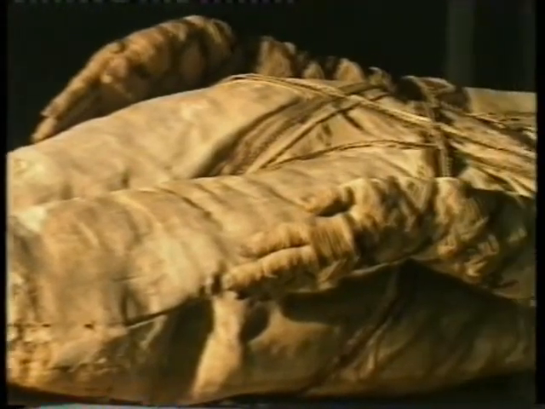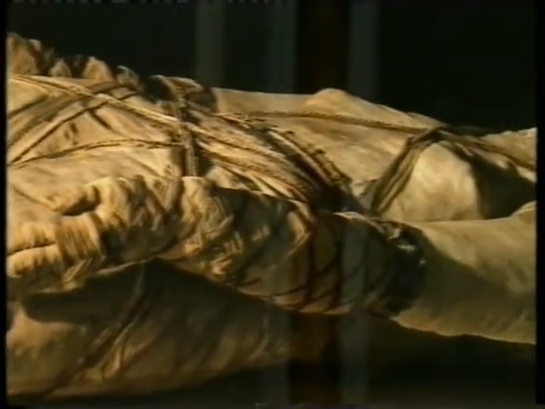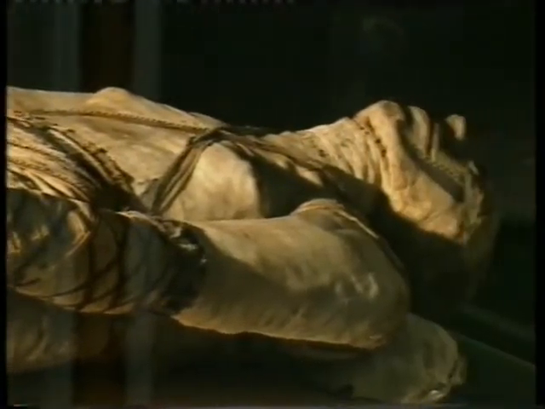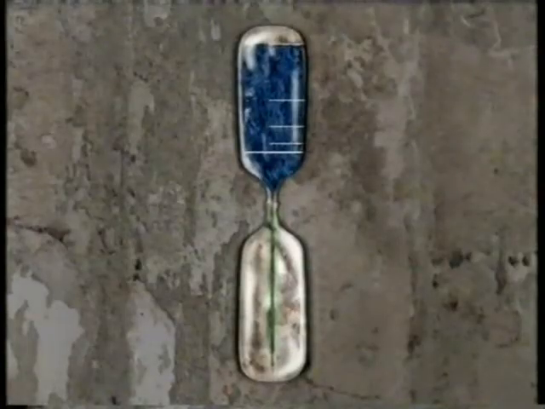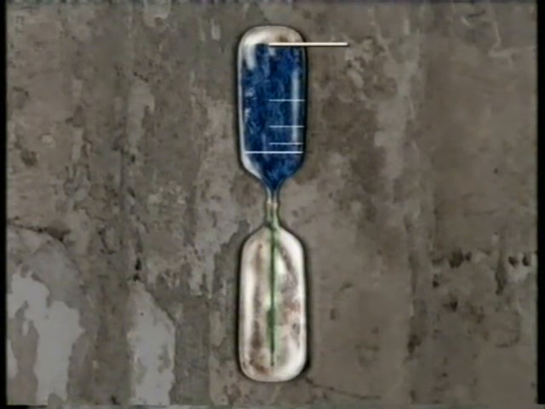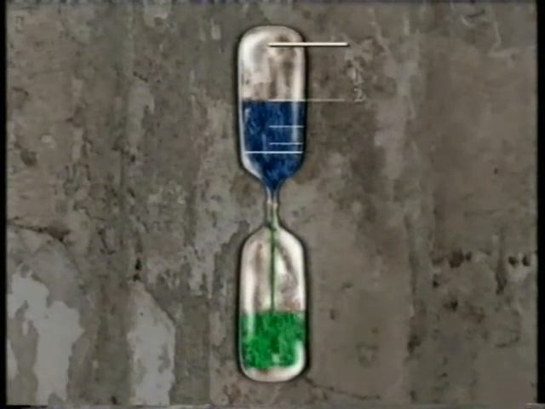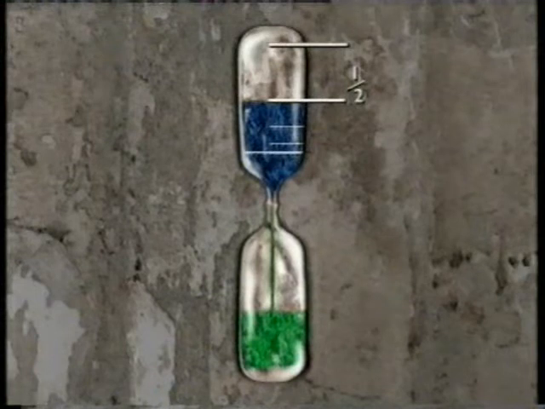The amount of carbon-14 in a dead body is less than in a living body. This is because radioactive carbon-14 is decaying and isn't being replaced. Scientists have calculated that it takes 5,700 years for carbon-14 to decay by half.